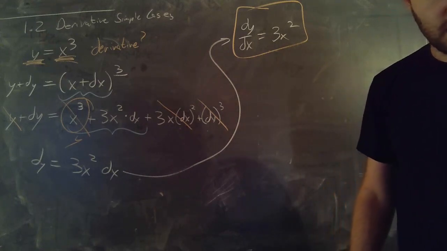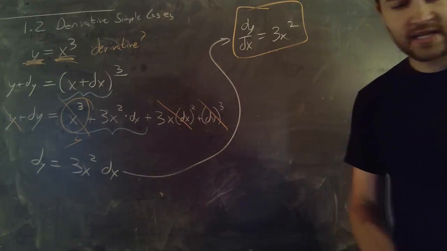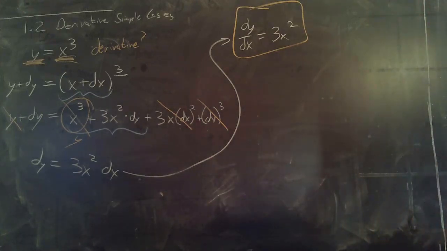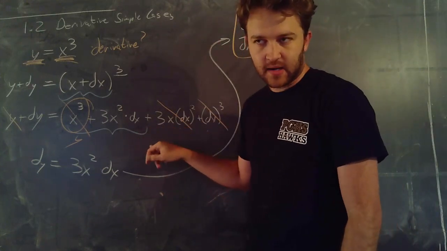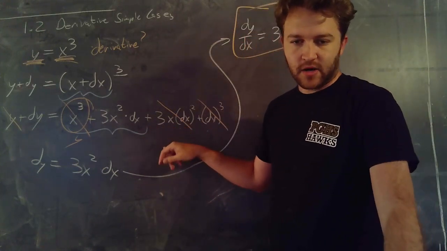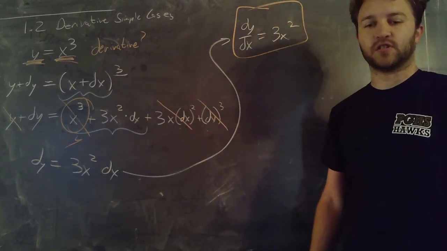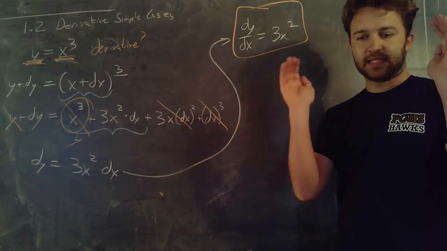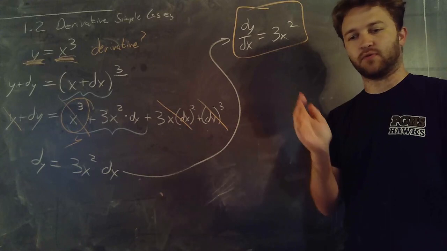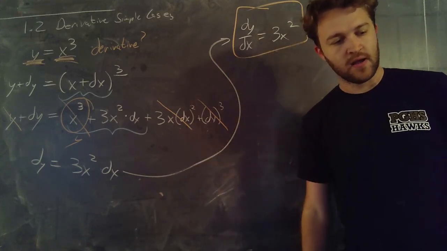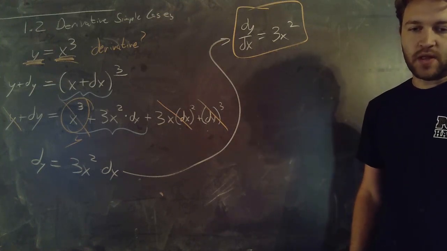And to leave you with a note here, this is kind of like an additional homework statement, but I promise you this will make your life a lot easier. You notice each time I do this, I'm going to have to expand some sort of binomial statement, x plus dx. If you were to write out the first 5 of these, that's x plus dx to the second power, x plus dx to the third power, x plus dx to the fourth power, x plus dx to the fifth power, and x plus dx to the sixth power, and memorize what those become.